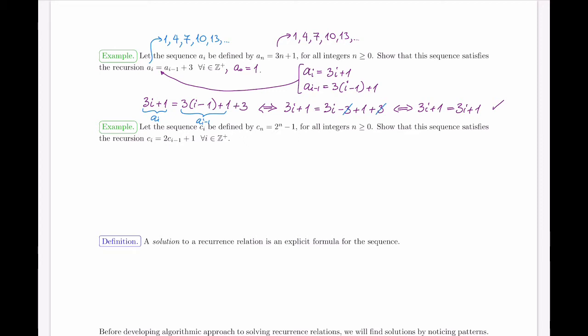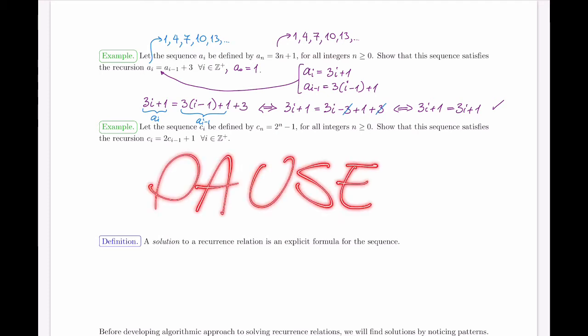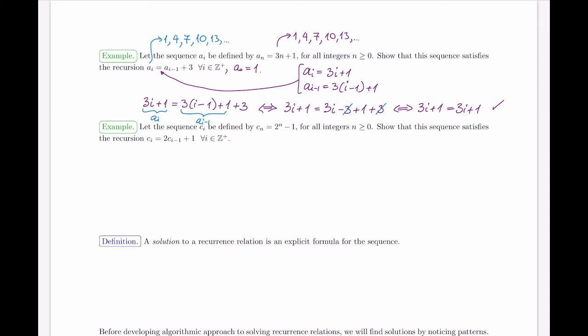If you would like to pause for a second here, this is a good chance to practice doing all these things with recursions. First, you can plug in the first few numbers into both sequences and see if it's even possible that they're the same. And after you've done that, try to follow the same method as we did in the example before. So pause, try this for yourself, and I'll be back.